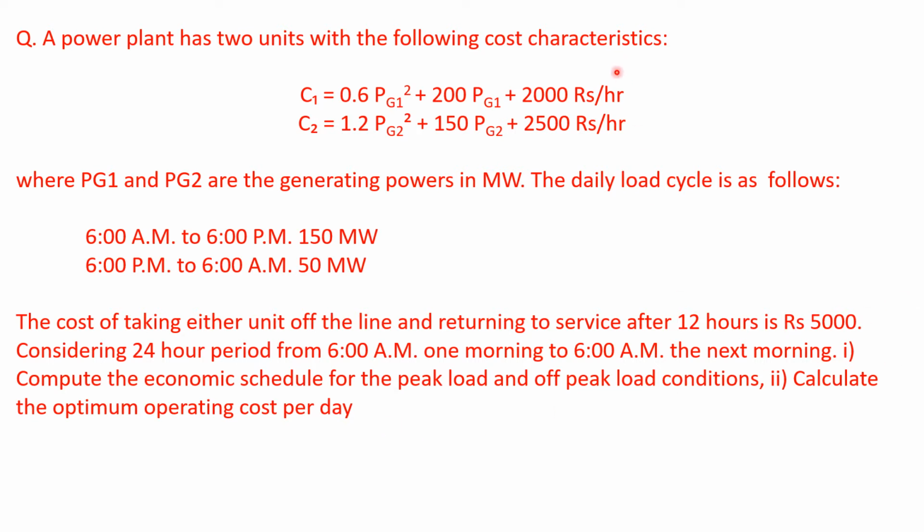We have to work out whether both the units running gives the minimum fuel cost, how much is given at peak load, and how much at half peak load, which is better. They have given the cost of taking either unit off and returning to service after 12 hours as 5,000, so we have to consider this point also.